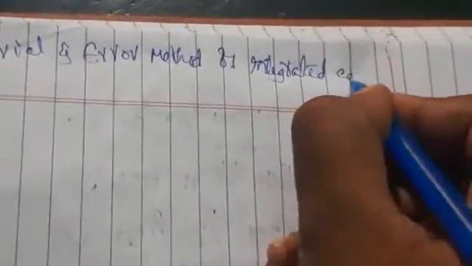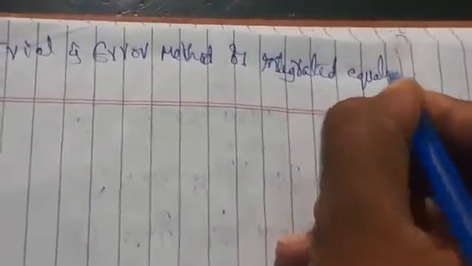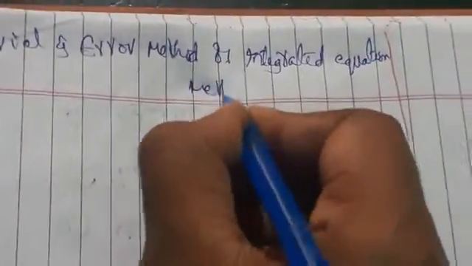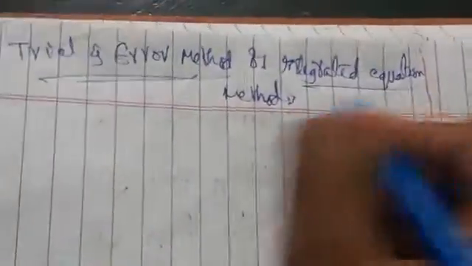Here, in the trial and error or integrated form of rate equation method, the concentration of reactants at zero time, A, and the concentration at various intervals of time, A minus X, during the reaction are measured by using some analytical methods.